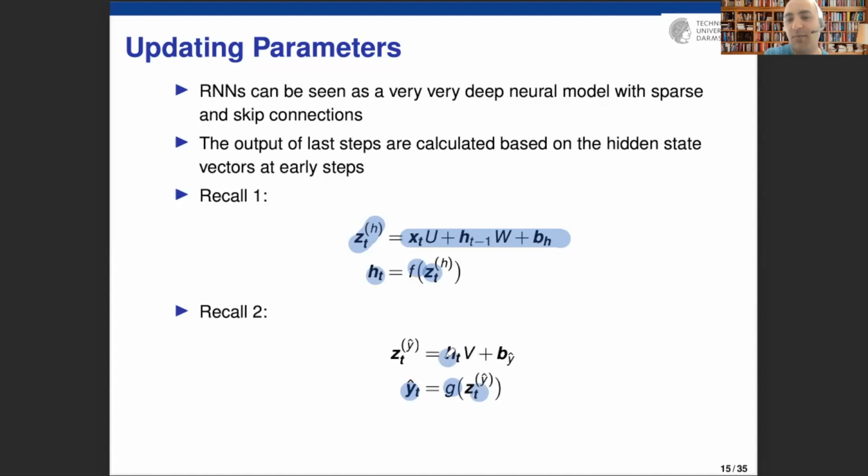So if we compute the linear representation of the hidden state, then y hat is a nonlinear form of this linear transformation, right?